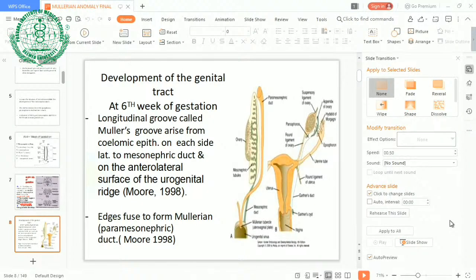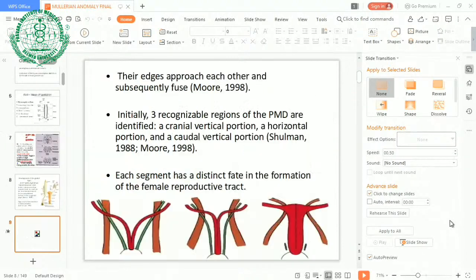In 6th week of gestation, a longitudinal groove called Muller's groove arises from the coelomic epithelium on each side lateral to the mesonephric duct and on anterolateral surface of the urogenital ridge, which was described in 1998 by Moore. Edges fuse to form Mullerian duct, that is also called as paramesonephric duct.